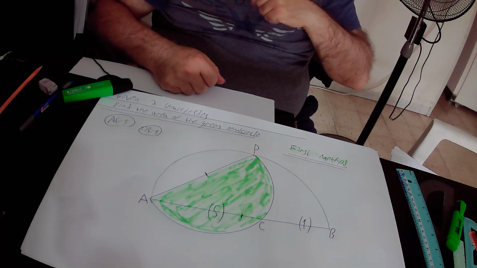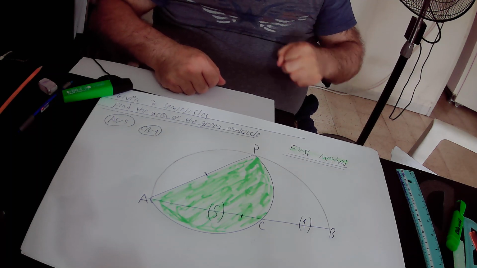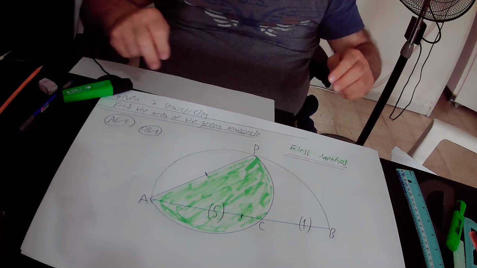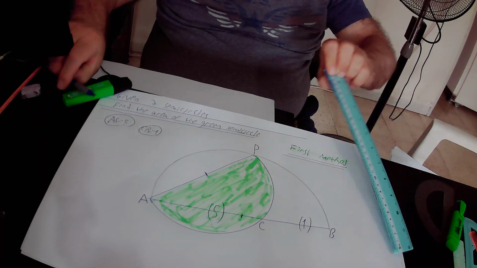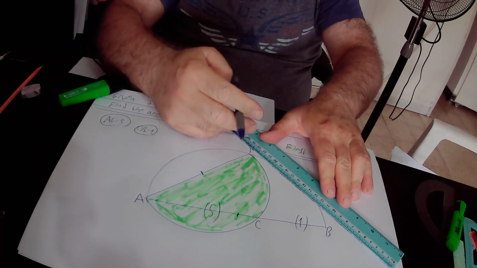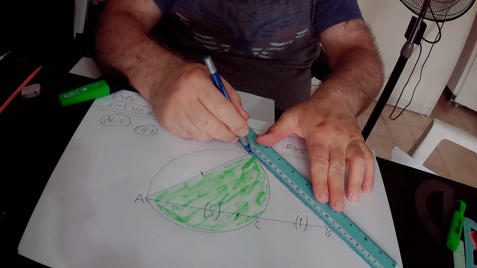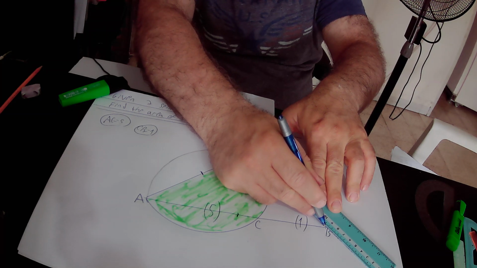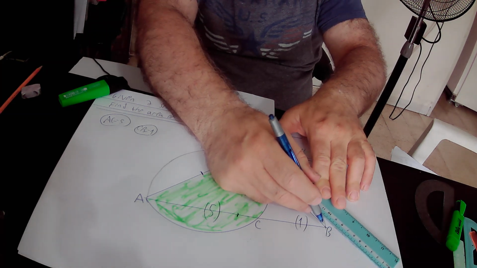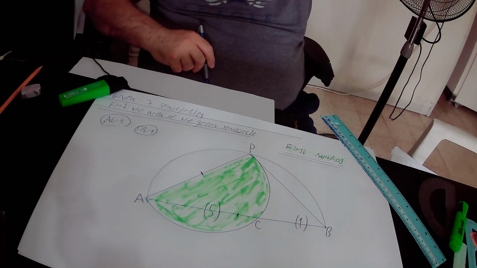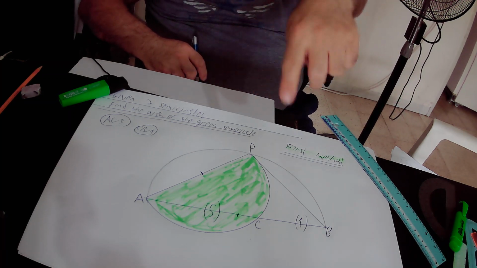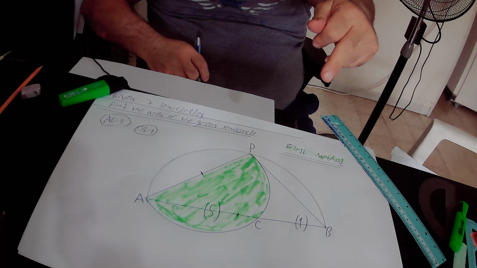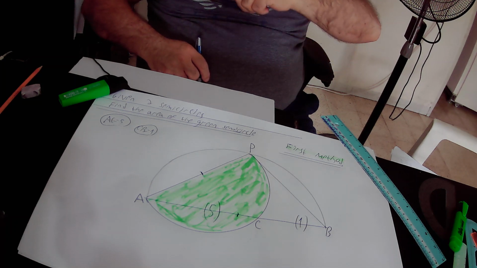Okay, so first of all, we join points P and B together by a straight line. The next step, I'll copy the white semicircle and we'll implement rule 7 on the white semicircle.